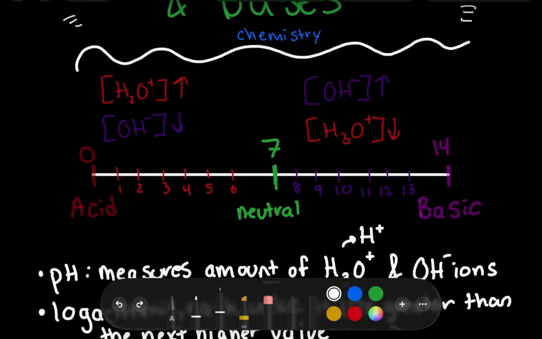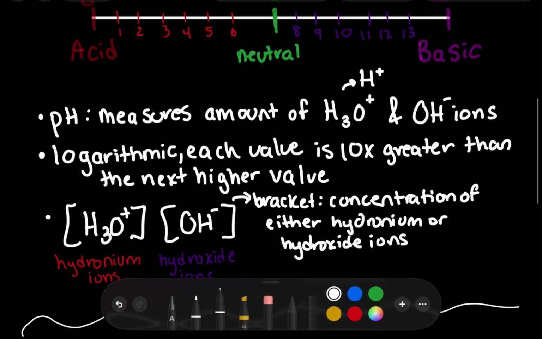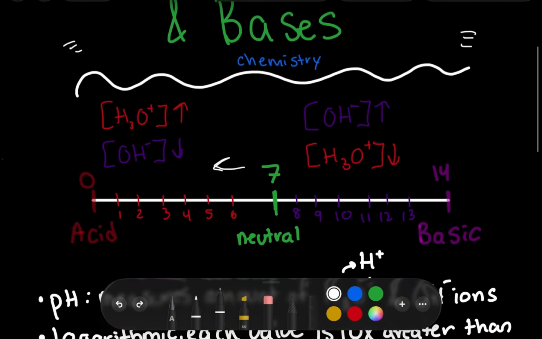As we go more down, more to the left, we're becoming more acidic. And what that means is that our concentration, which is shown by the brackets here, the concentration of hydronium ions, is going to increase as it becomes more acidic. However, the concentration of hydroxide ions is going to decrease as we become more acidic.